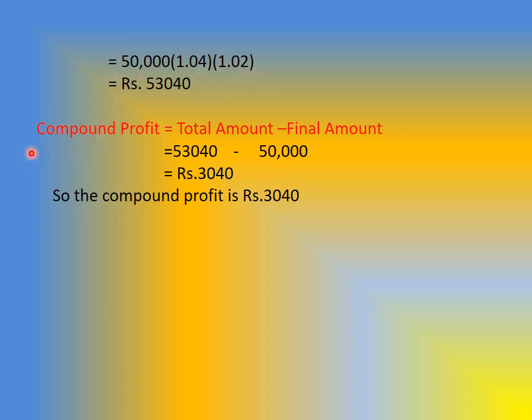Now using the formula for finding compound profit, the same formula, final amount minus principal amount, put the value of the final amount and the principal amount, and after solving these two terms we will get a compound profit of rupees 3040. So the compound profit is 3040 rupees.